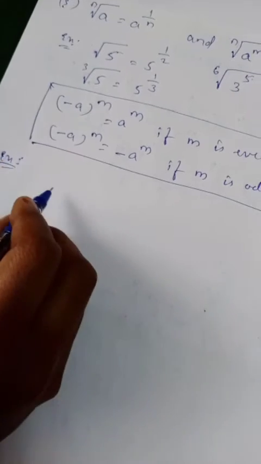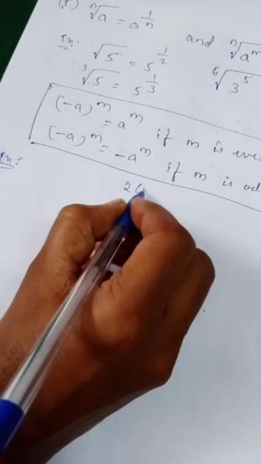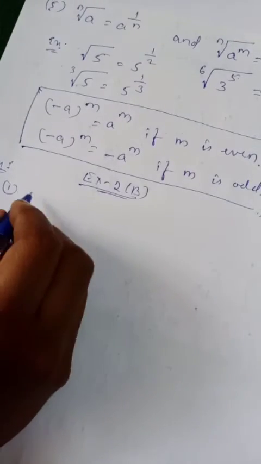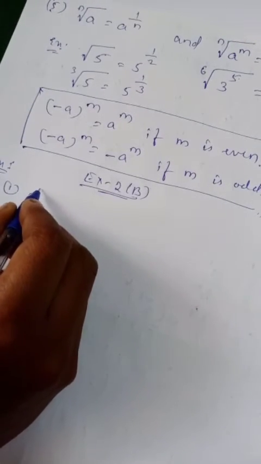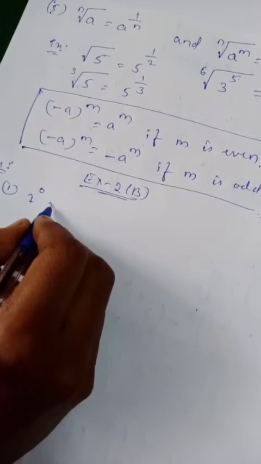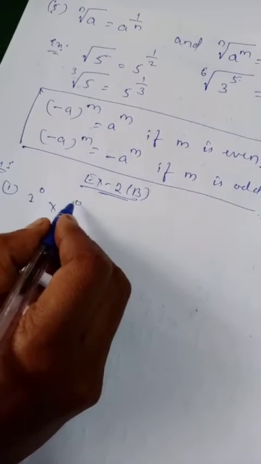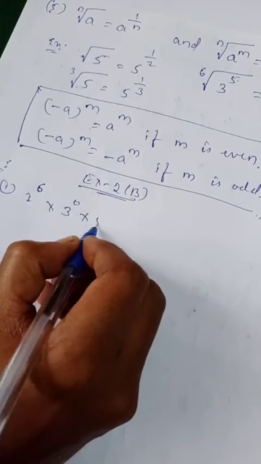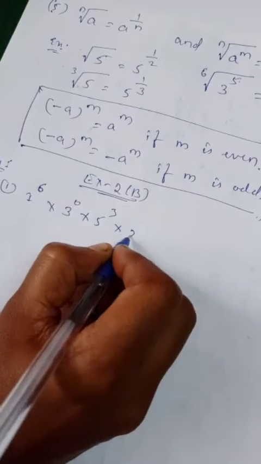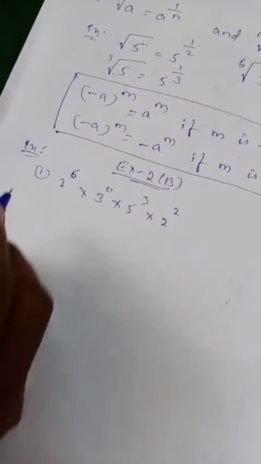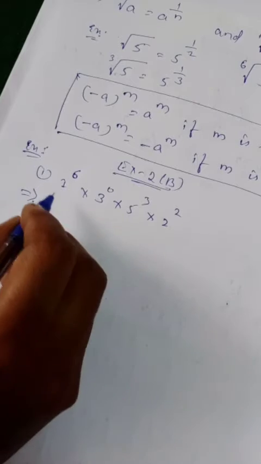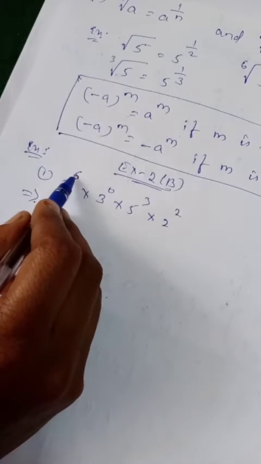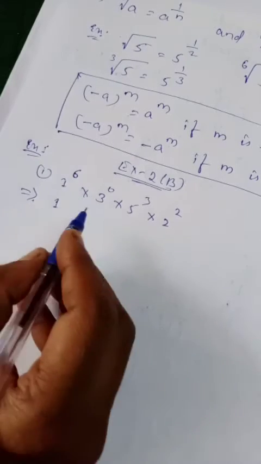Example 1 based on exercise 2b. So one is 1 raised to 6 into 3 raised to 0 into 5 raised to 3 into 2 raised to 2. So 1 raised to power 6 is nothing but 1, because if you multiply 1 six times then you get 1 only.